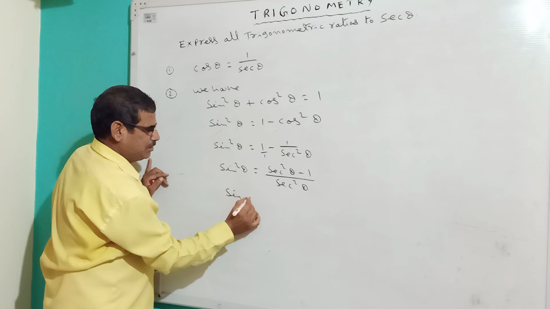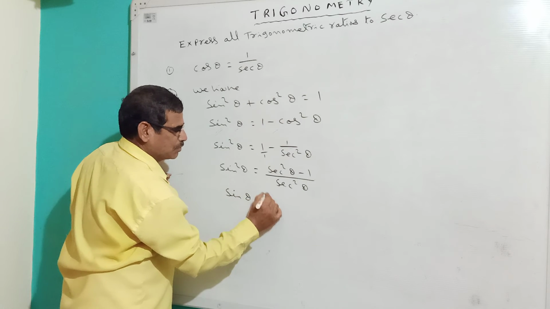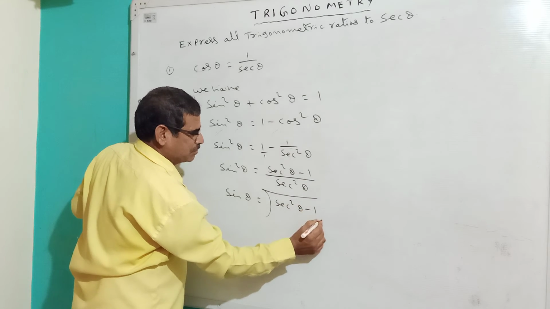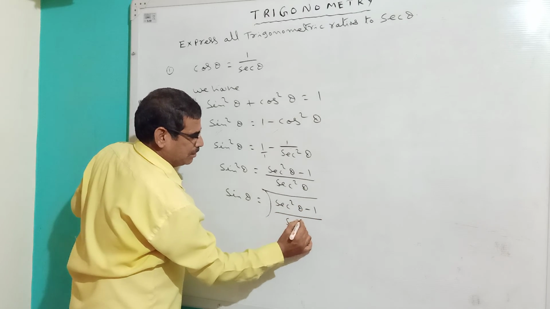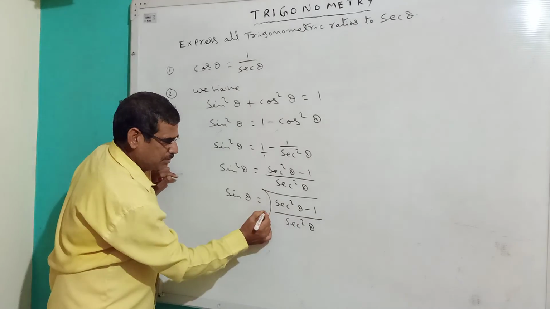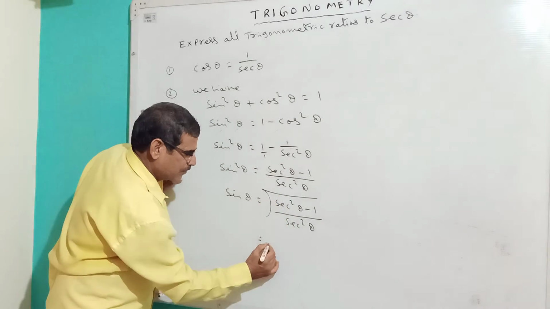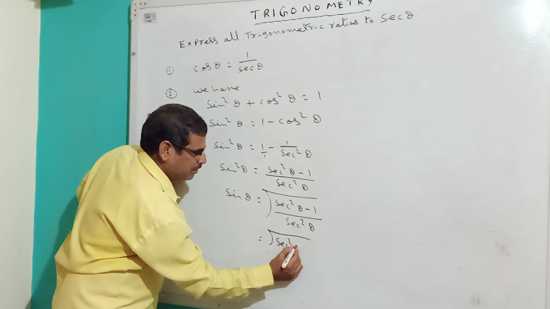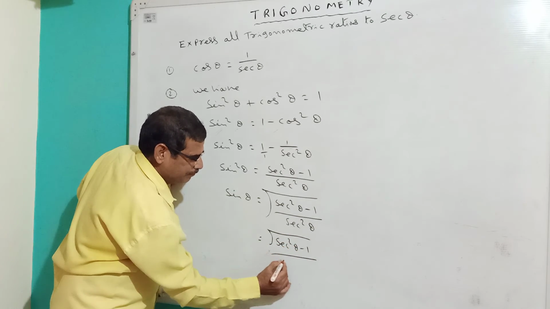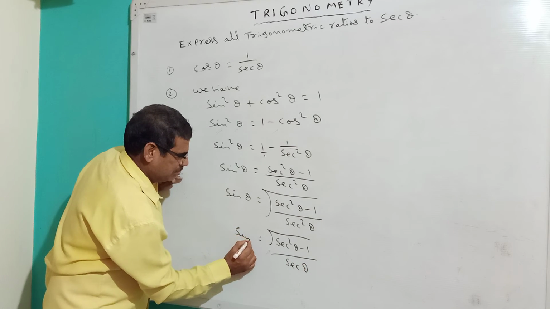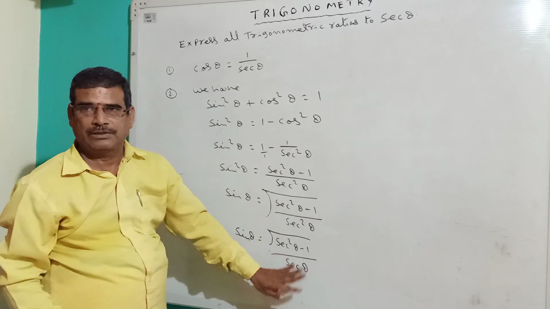So sin theta is equal to square root of secant square theta minus 1 by secant square theta. Here for the denominator square, the root will cancel. So sin theta is equal to root of secant square theta minus 1 by secant theta. So sin is also converted in terms of secant theta.